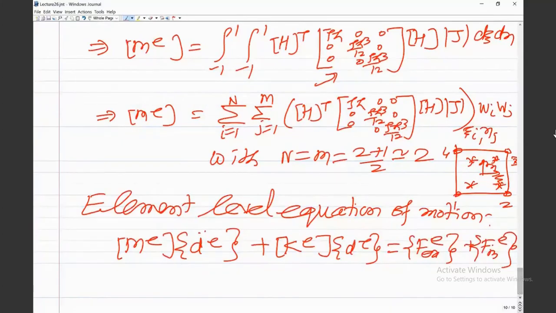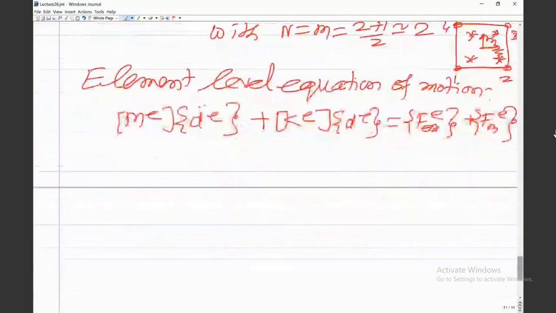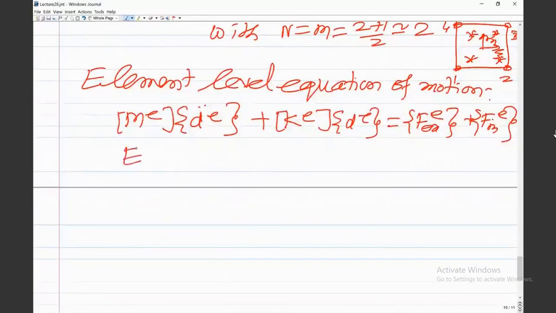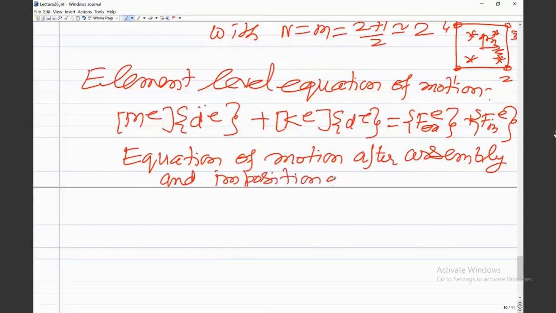And then we have already, through the examples on truss and Euler-Bernoulli beam elements, discussed how to get the final equation of motion after assembly and imposition of boundary conditions.